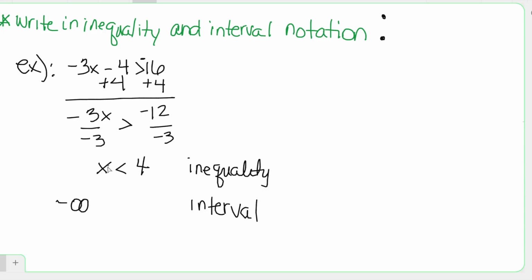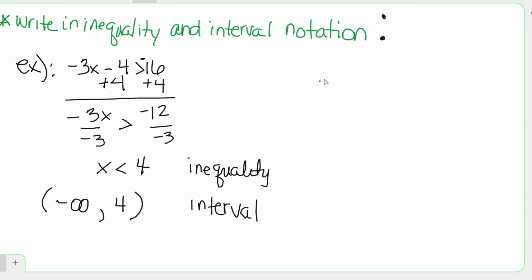When you have infinity symbols, whether negative or positive, you always use parentheses. And we are going to stop at 4. Because we are not including 4, because it says less than 4, we use another parenthesis.